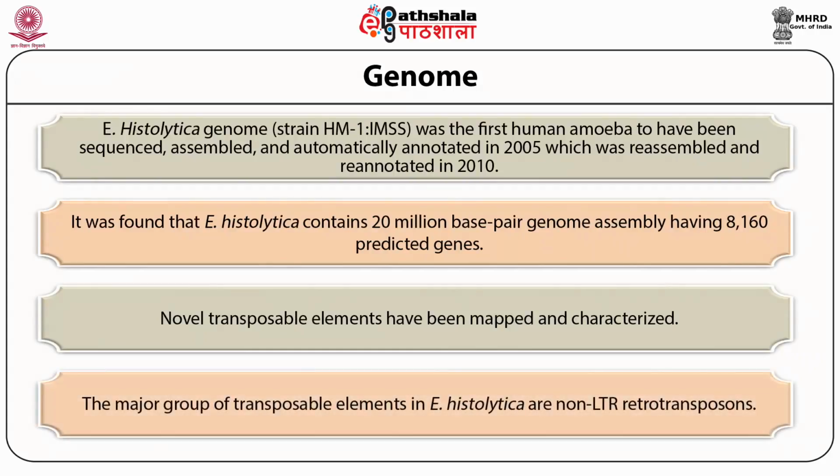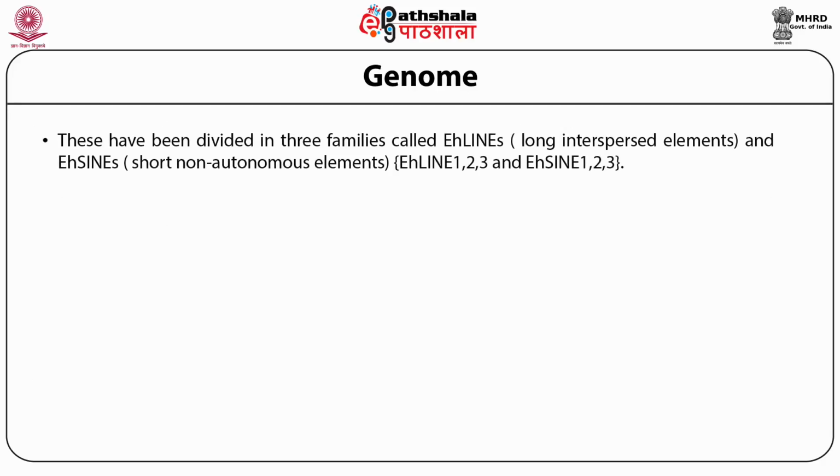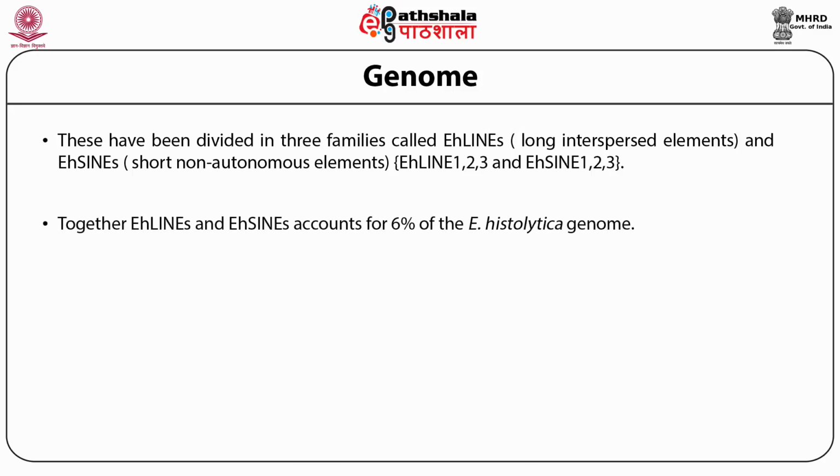The major group of transposable elements in Entamoeba histolytica are non-LTR retrotransposons. These have been divided into three families called EH lines, long interspersed elements, and short non-autonomous elements. Together, they account for about 6% of the Entamoeba histolytica genome.